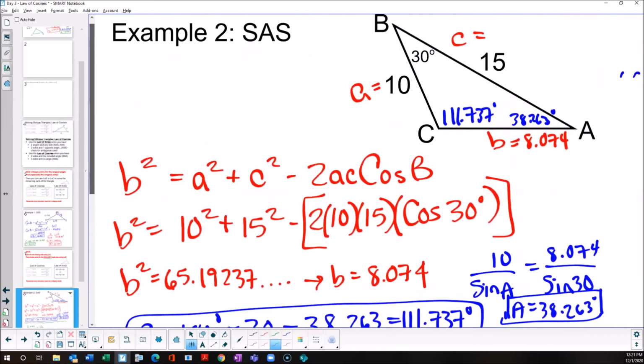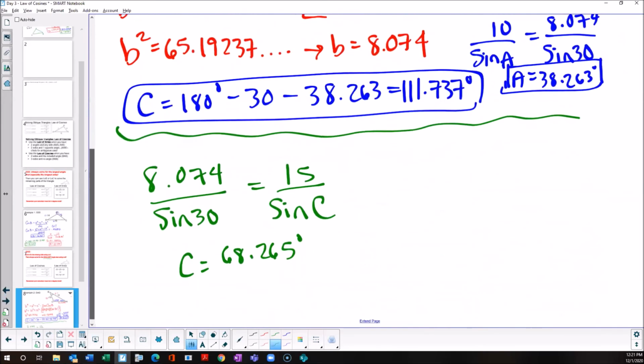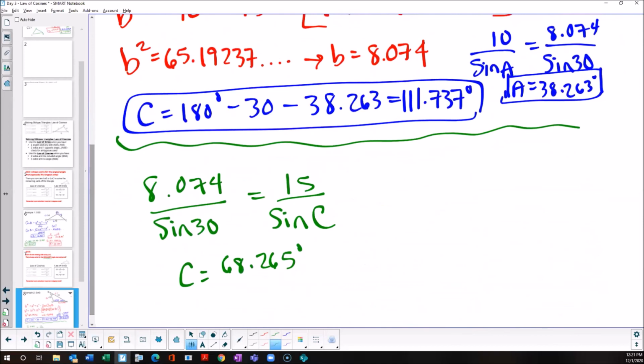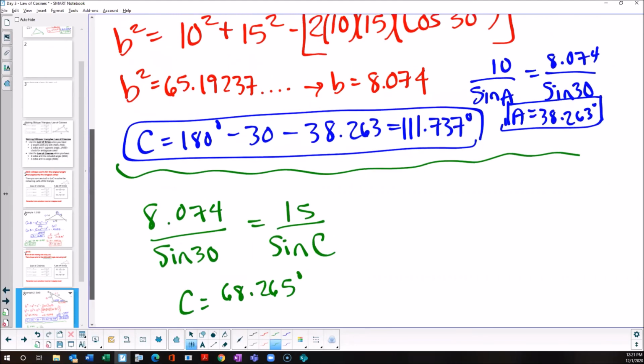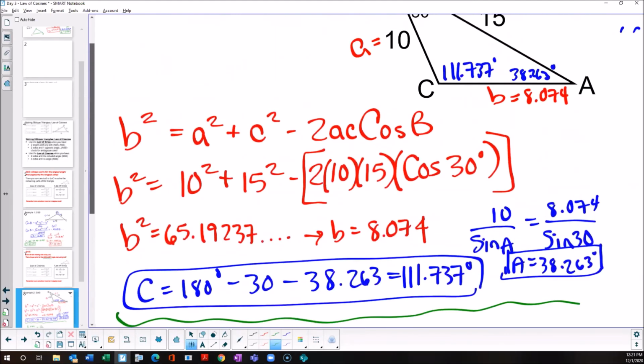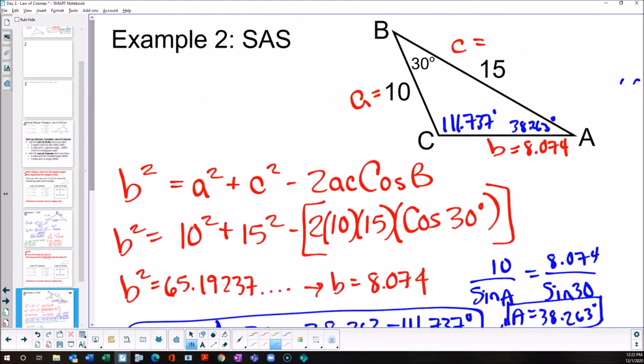Because if you have 180 minus 68.265 minus 30, you're going to think you get different angles here for your triangle, but it doesn't work with the sides you were given.